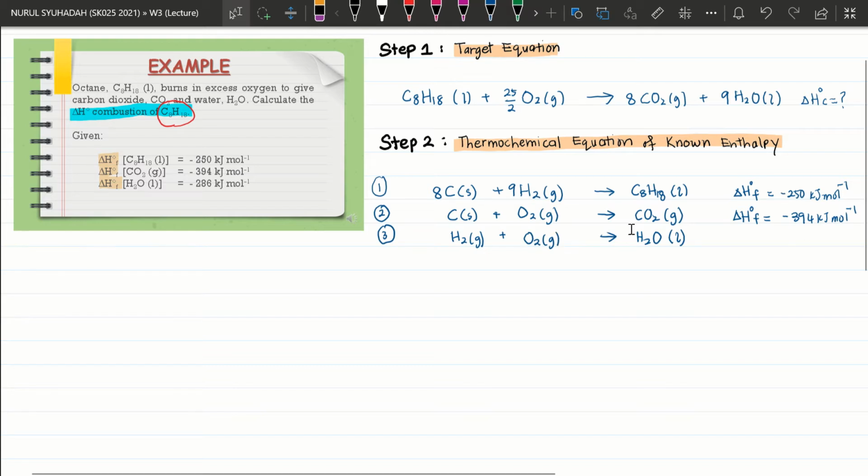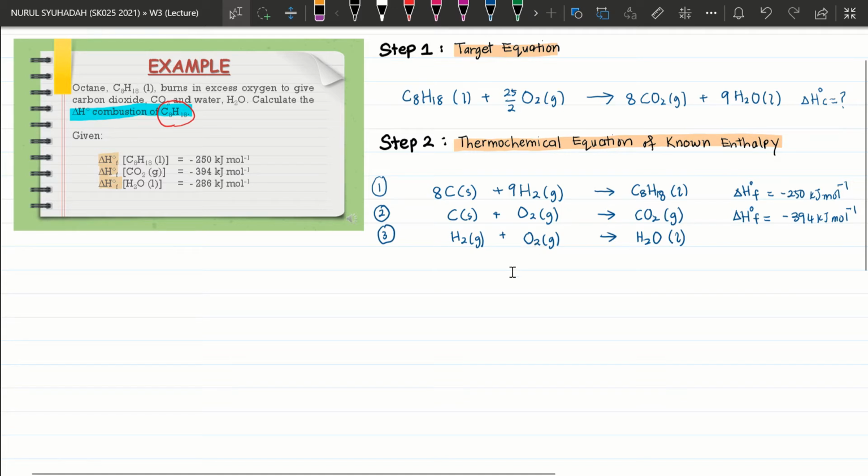For this one, please be very careful when balancing the equation. Why? Because you need to make sure that the H2O over here stays as 1 mole. So we have 2 H on the left hand side, 1 oxygen. On the right hand side, we have 2 oxygen.